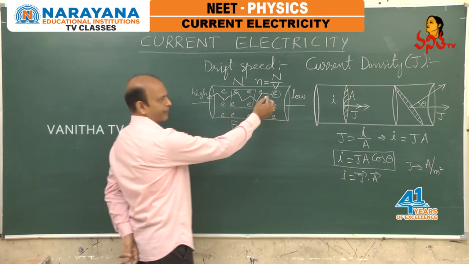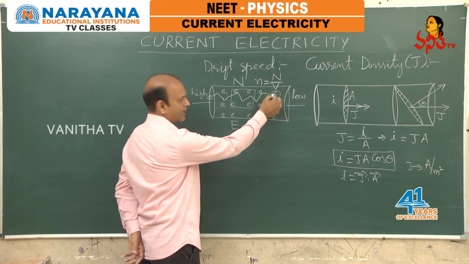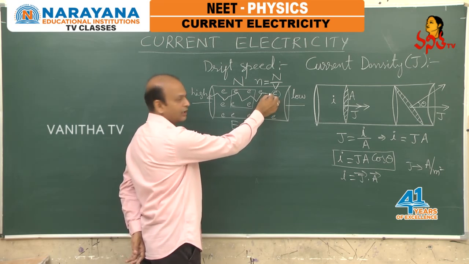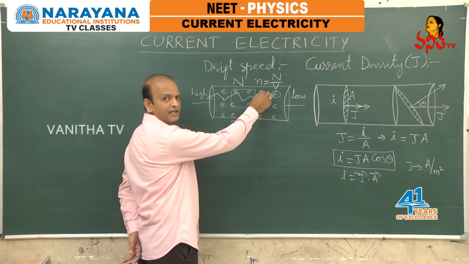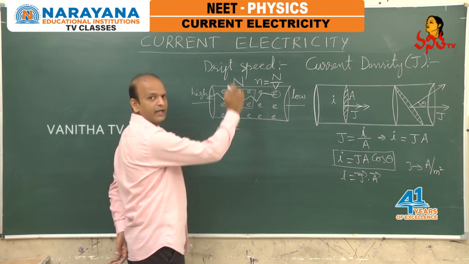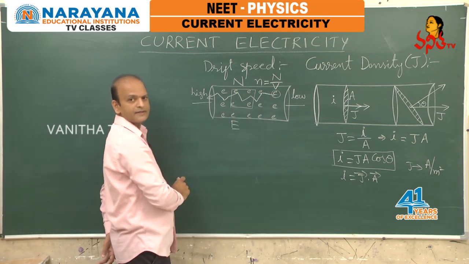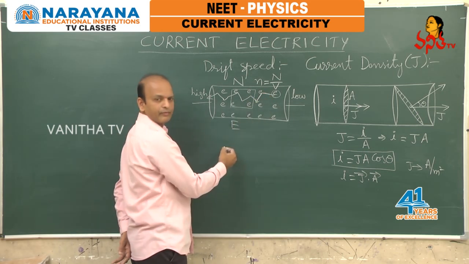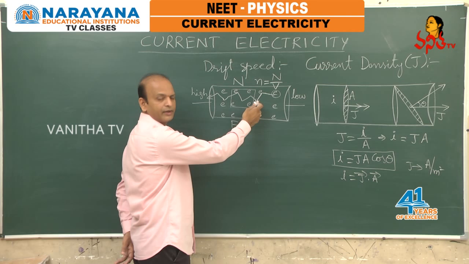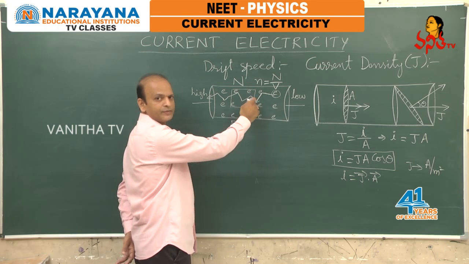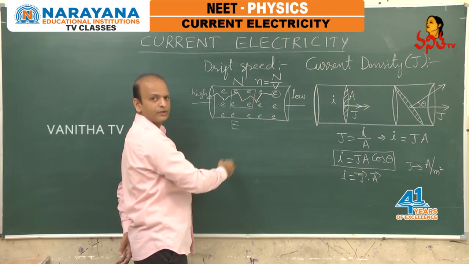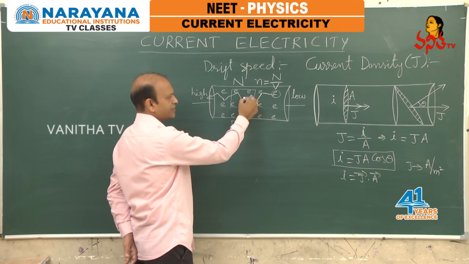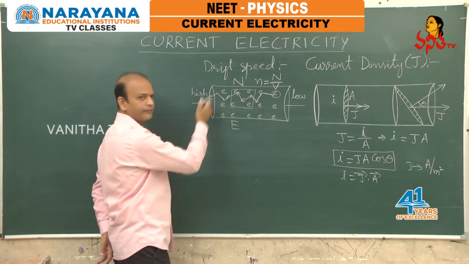So here the electron starts with acceleration, but due to the collision its speed decreases. Again it tries to accelerate. Again it undergoes a collision with atoms or other electrons. So due to the repeated collisions during its motion, its speed becomes almost constant.